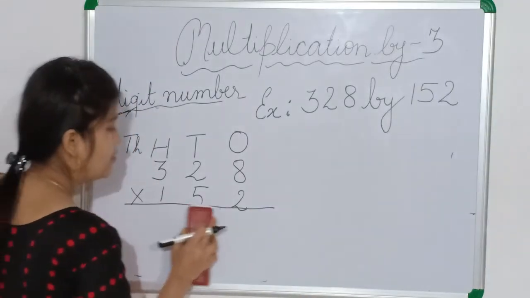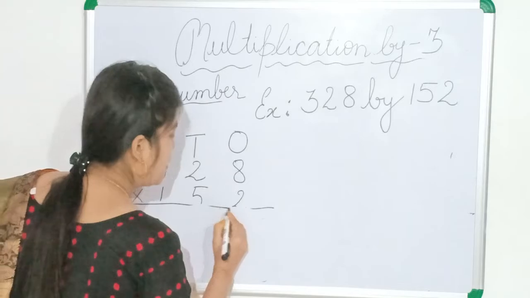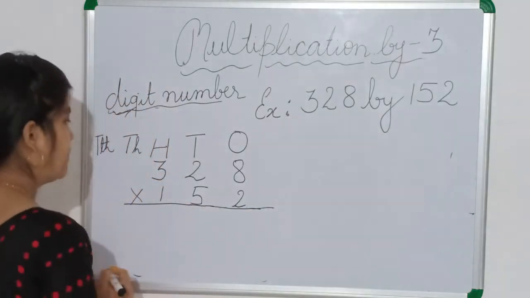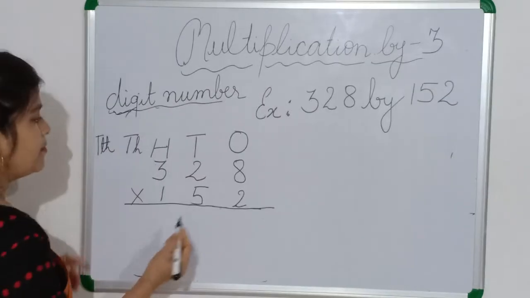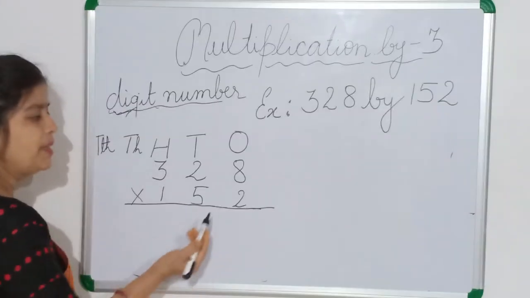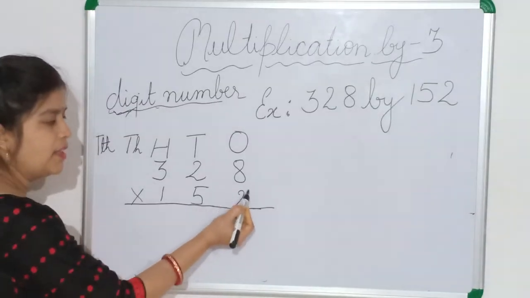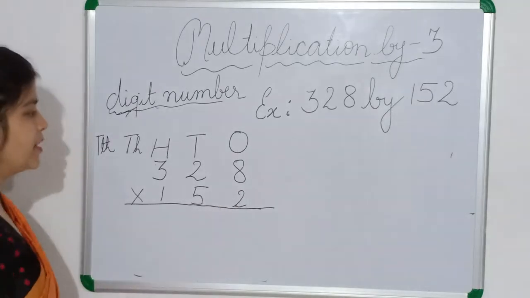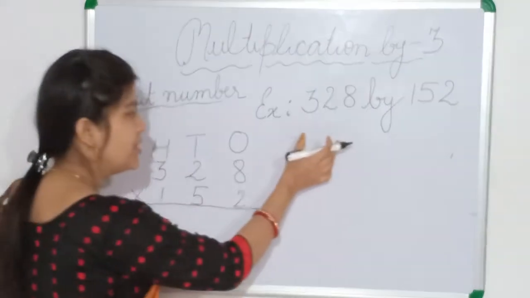So now learn how to do it. First of all, I will multiply the number which is in ones place. Okay. Here also I can show you 3 steps.